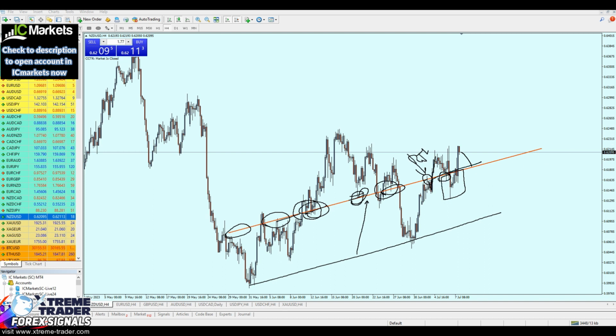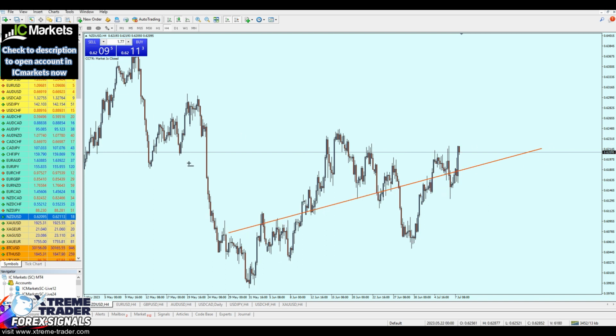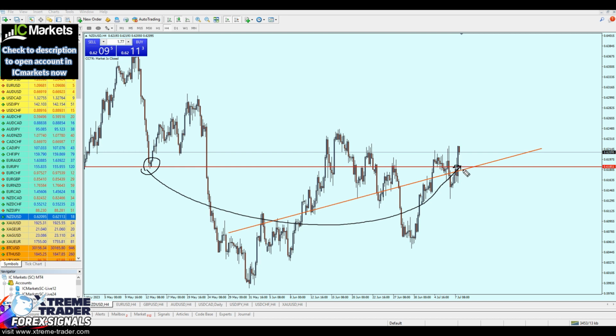Also, if we look at the horizontal level, we can see clearly that we had a strong key support level right here as well. Then 0.61851 will be our level to start buying this pair, hoping for the market to respect that level as a previous strong key support level plus a key support trend line level.